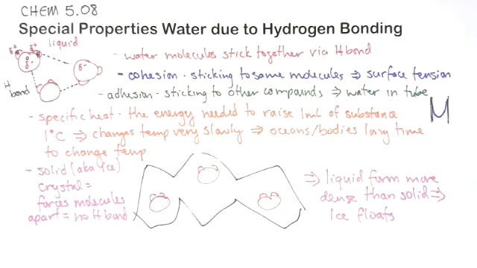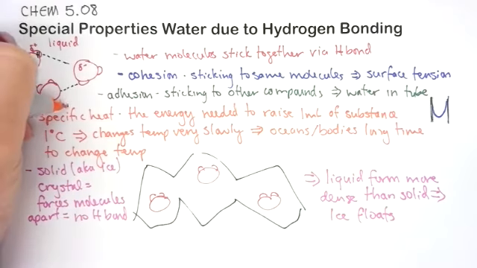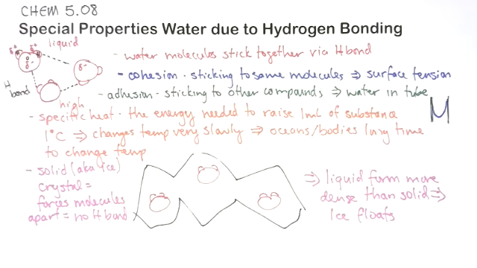So our takeaways are that hydrogen bonding really does change the way that water behaves. We get cohesion, where it sticks together, leading to surface tension. Adhesion, it'll stick to other compounds. High specific heat, and let's add this: very high, one of the highest.